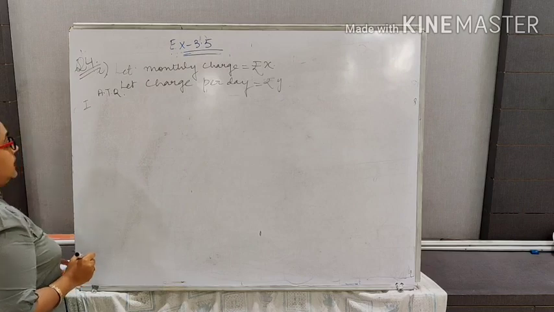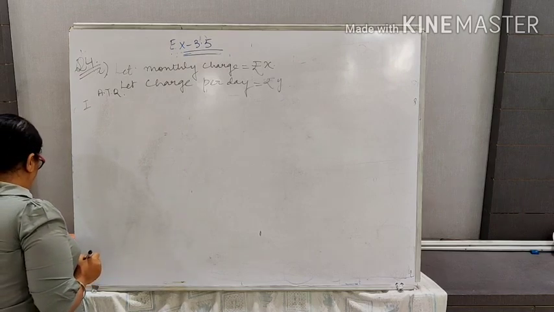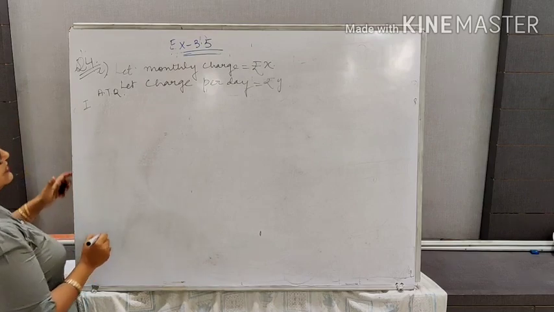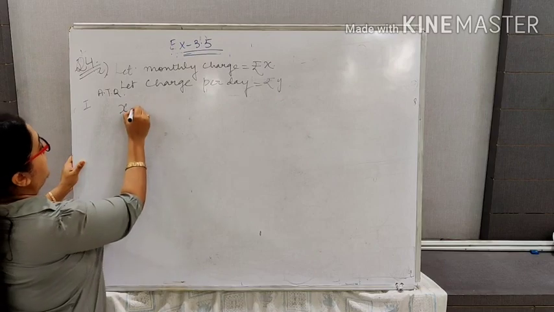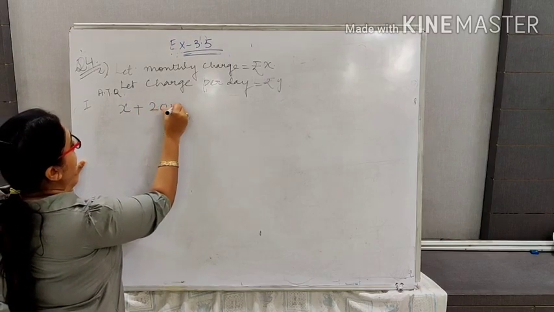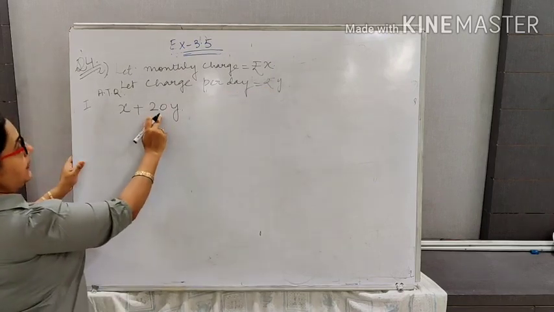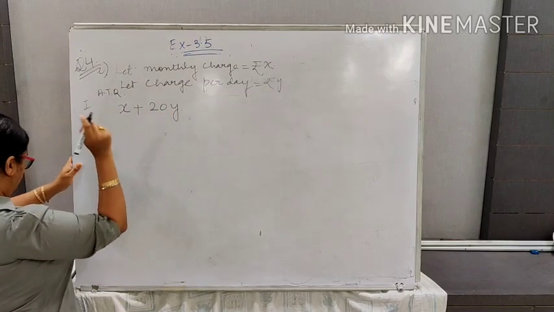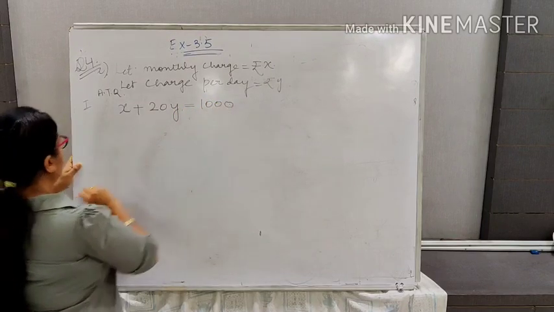When a student takes food for 20 days, she has to pay 1000. Please see, monthly charge तो x है, अब 20 days का चार्ज क्या रहेगा 20y, क्योंकि एक दिन का चार्ज है y, तो 20 days का चार्ज हो गया 20y और टोटल उसने बिल कितना पे किया, it is 1000.